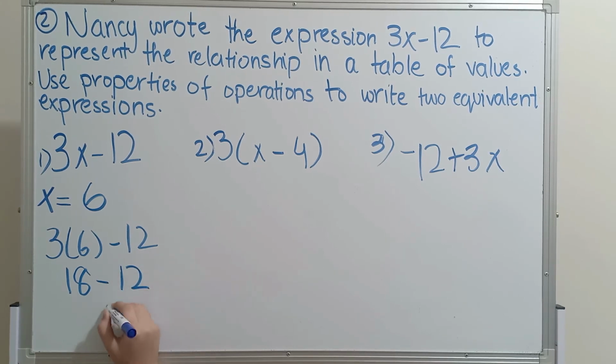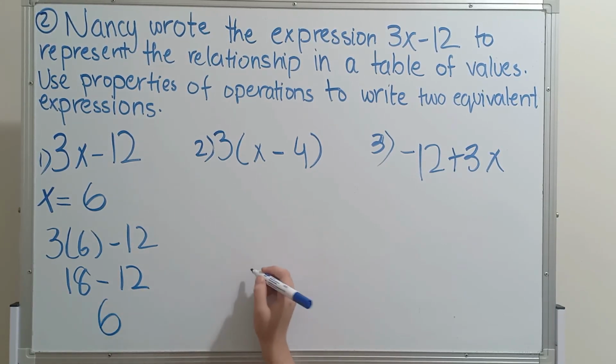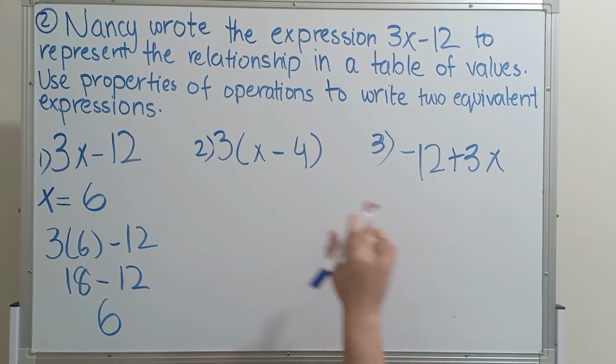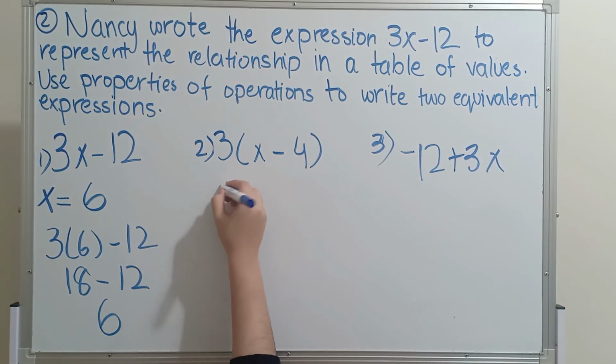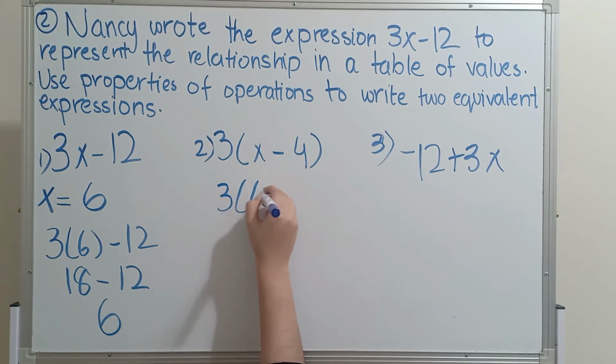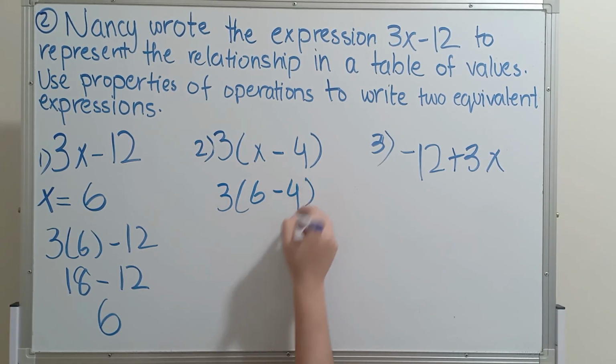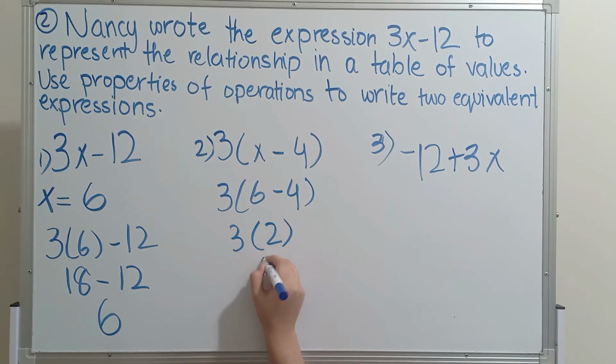Subtract 12 will give us 6. So that's our answer. Now we should get 6 for this and 6 for this, and we should evaluate the x for 6 here. So 3 times 6 subtract 4 is 2, and 3 times 2 is 6.